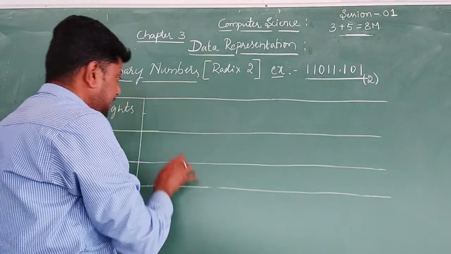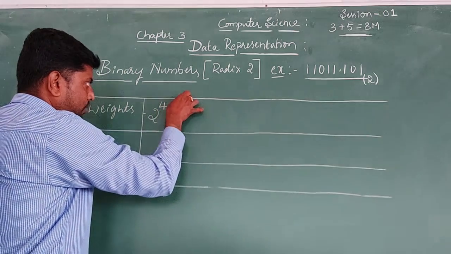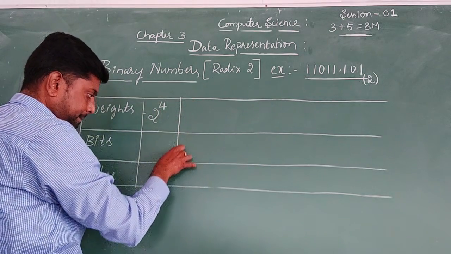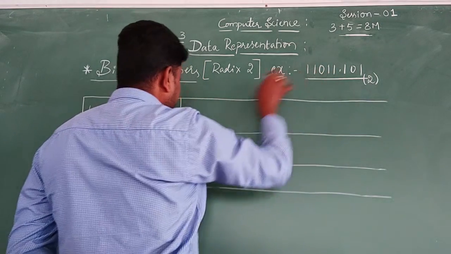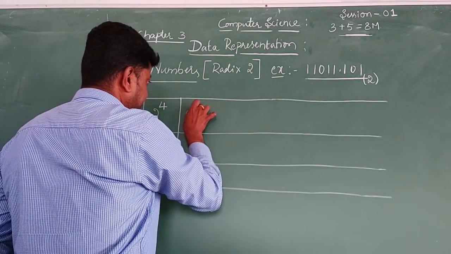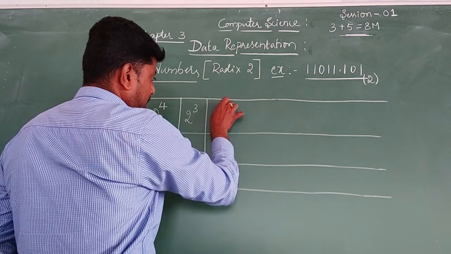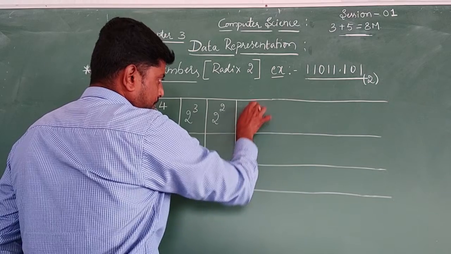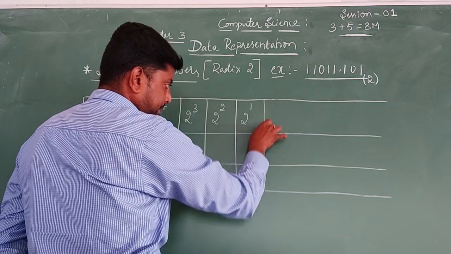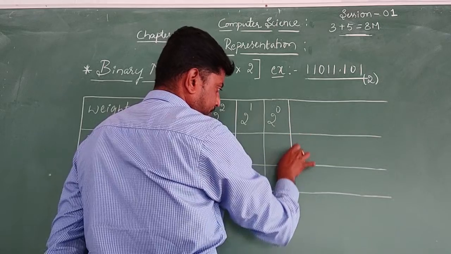Now I will take a column: 2 to the power of 4 is one place, then 2 to the power of 3, 2 to the power of 2, 2 to the power of 1, and 2 to the power of 0.